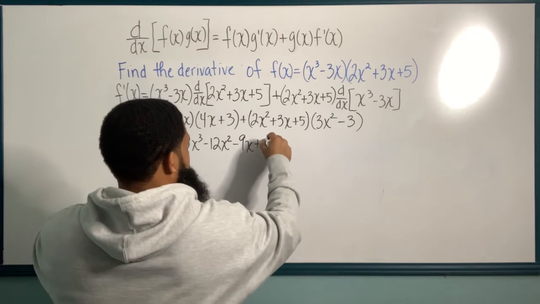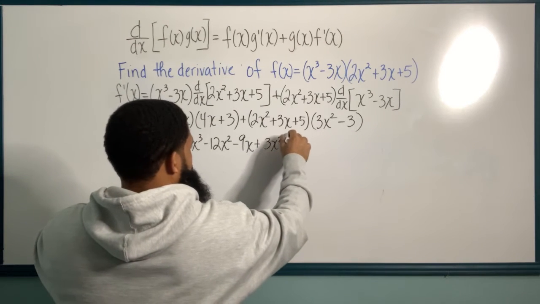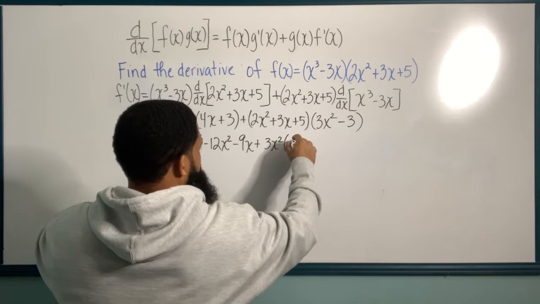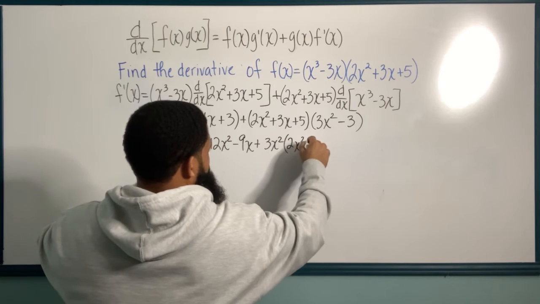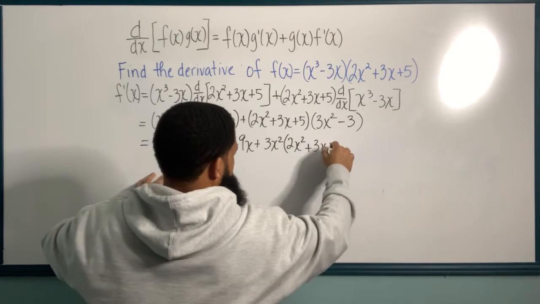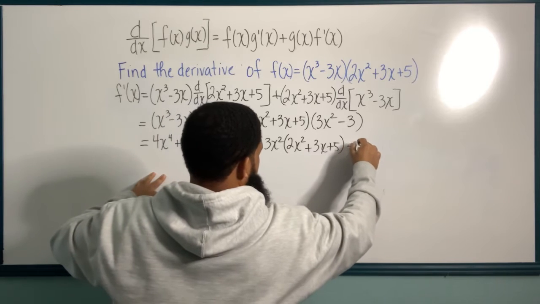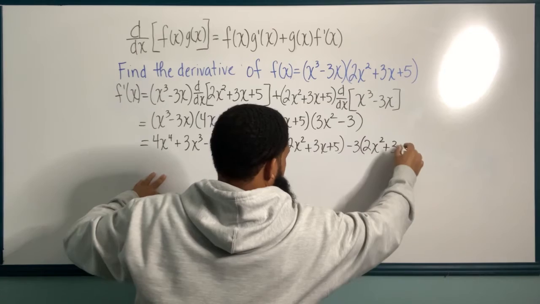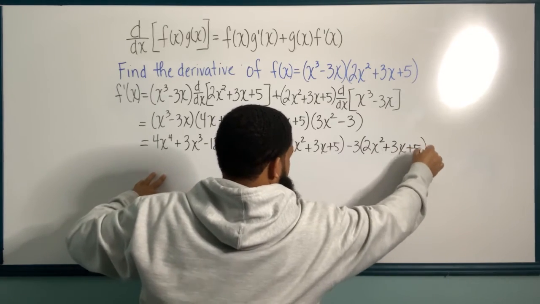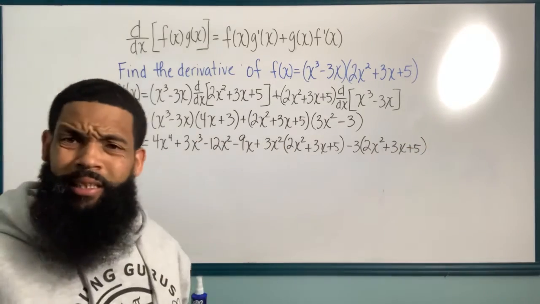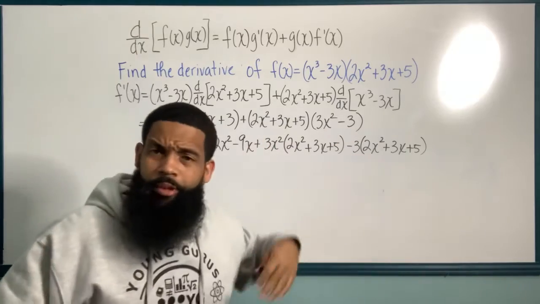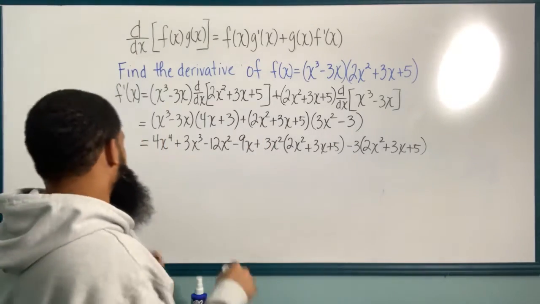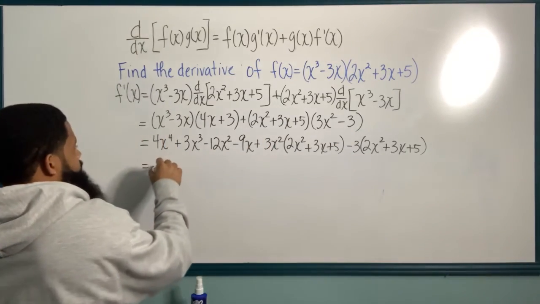So I'm going to say 3x squared times 2x squared plus 3x plus 5, and then minus 3 times 2x squared plus 3x plus 5. All right, now let's simplify. We got to use a couple of distributives and all that good stuff. Let's simplify this. All right, so here we go.